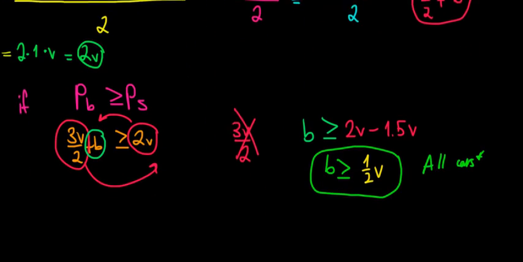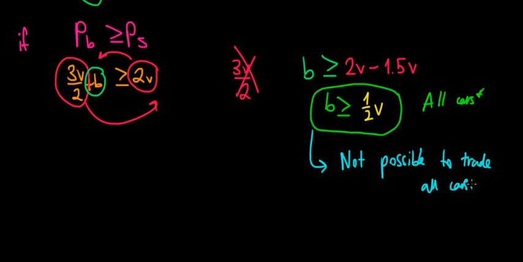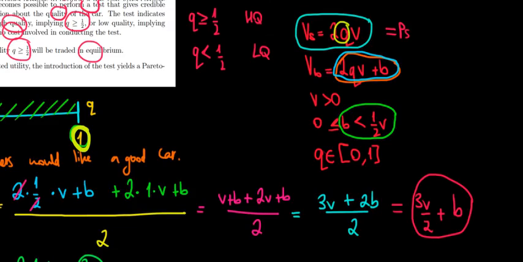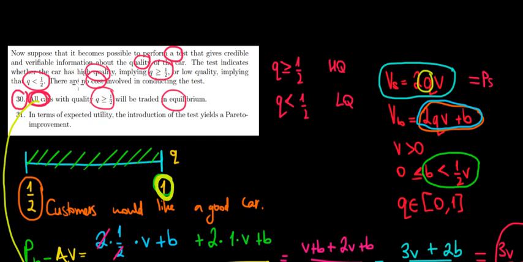In our case, we saw that B must be greater than or equal to 1 over 2 V, which is impossible by definition. In other words, it is not possible to trade all cars with the screening. So if we look at the answer key and they say that if that holds true then all cars will be traded, no, that is false. It's not possible. And we are done.